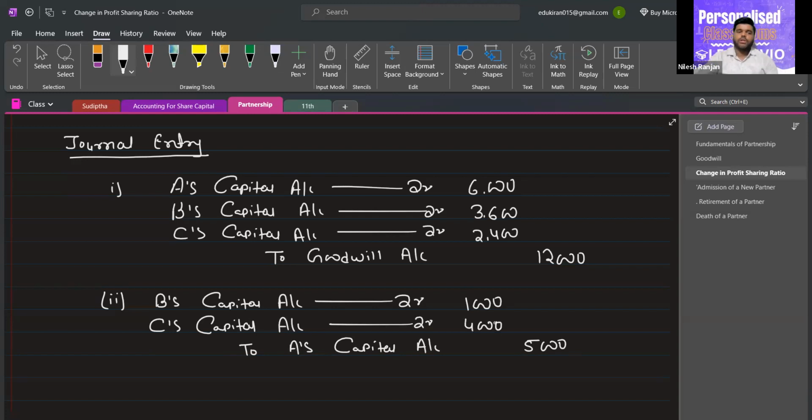B and C will pay 1,000 and 4,000 respectively to A, and we will write off the existing goodwill, that is 12,000. Do you have any doubt in this portion?